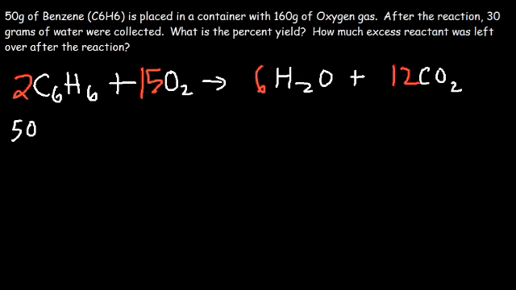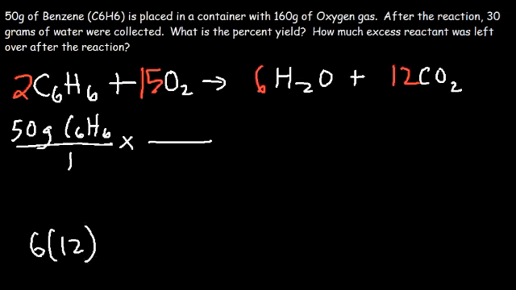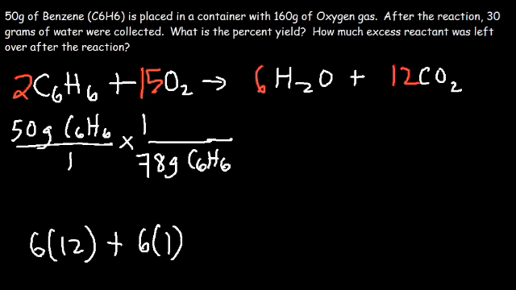So let's start with 50 grams of C6H6. What is the molar mass of C6H6? We have 6 carbon atoms times the atomic mass of 12, plus 6 hydrogen atoms times the atomic mass of 1. 6 times 12 is 72, plus 6, that's 78. So there's 78 grams of benzene for every mole of benzene.